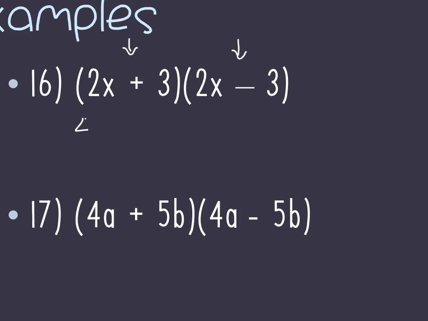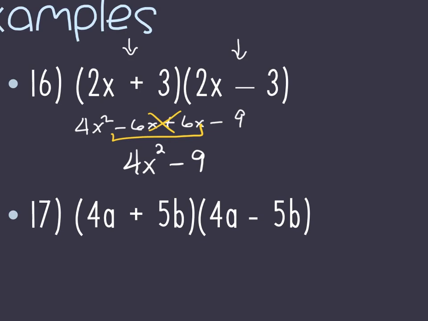So if I go ahead and FOIL or distribute, I get 4x squared minus 6x plus 6x minus 9. Notice when I go back to combine these two terms, they're gone. So final answer here is 4x squared minus 9.